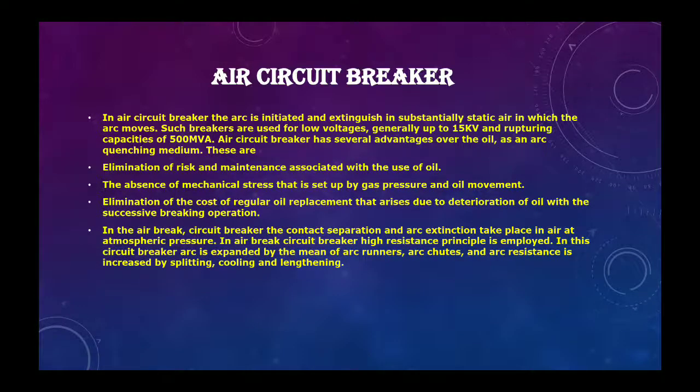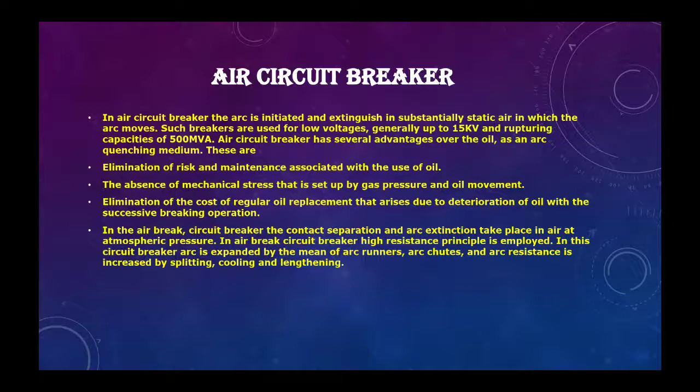The air circuit breaker is also known as the air brake circuit breaker. The contact separation and arc extinction take place in air at atmospheric pressure. In the air brake circuit breaker, the high resistance principle is employed instead of the current zero method.